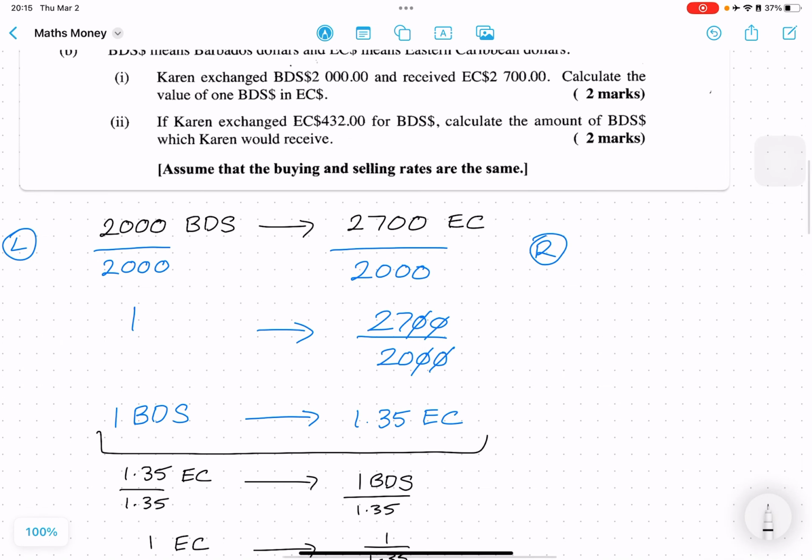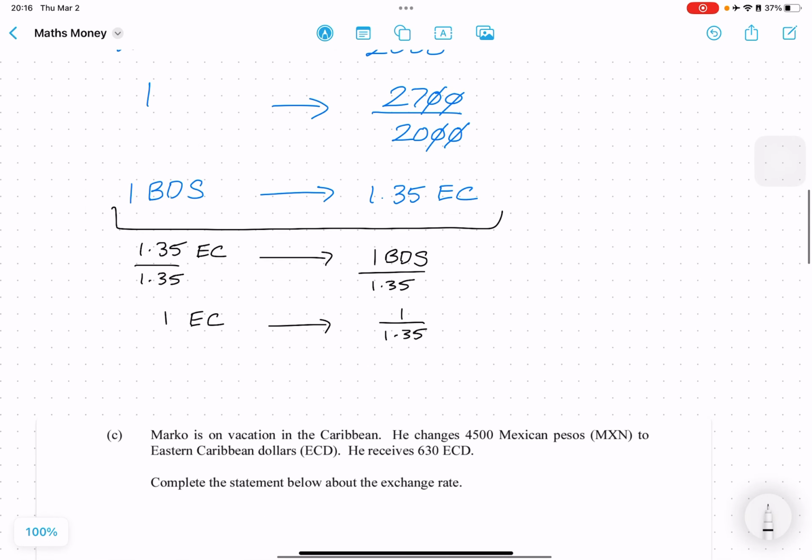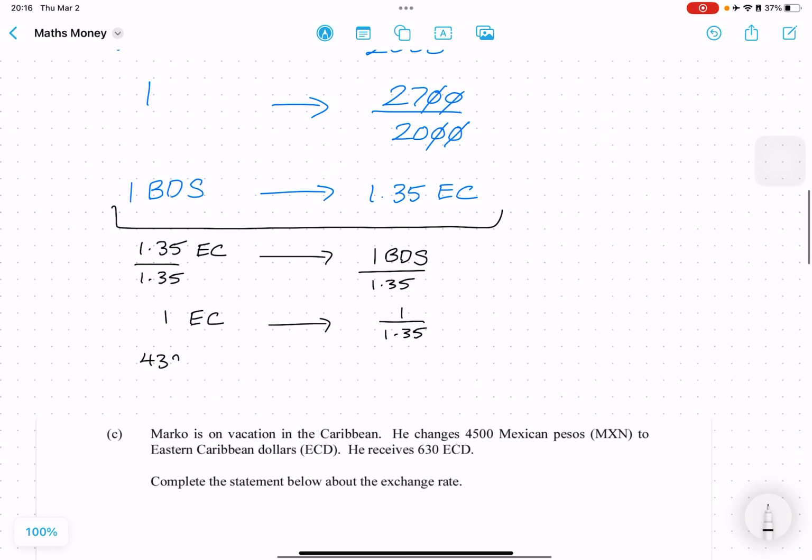Now they're asking me for 432 Eastern Caribbean dollars. So if I have 1 over here and I want to change that to 432, what do I do? I simply multiply the 1 by 432. 1 by 432 is 432, right? So anything I do on the left hand side, I also do on the right hand side. So this 1 over $1.35 needs to be multiplied by 432.